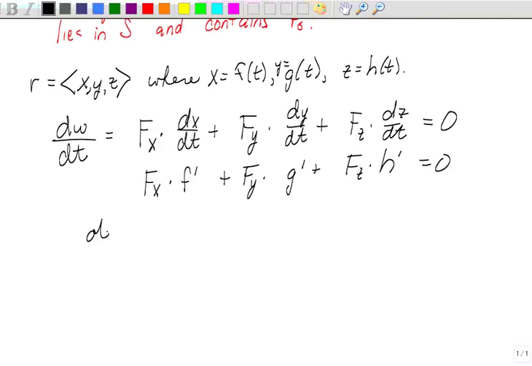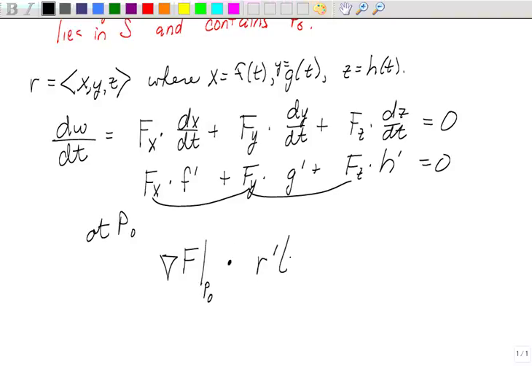Okay, at the point P0, then we have del F, that's what this is, evaluated at P0, dotted with R prime at the point T0, and we have that equal to 0.